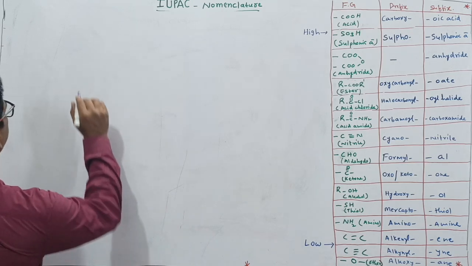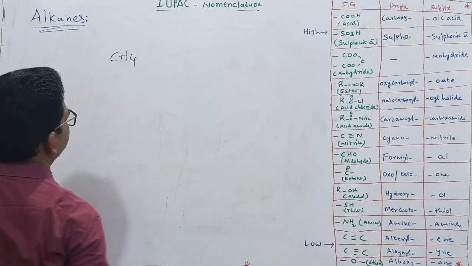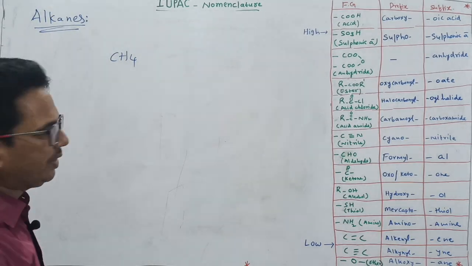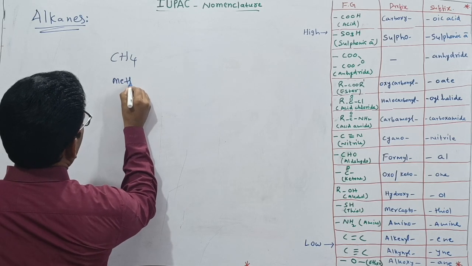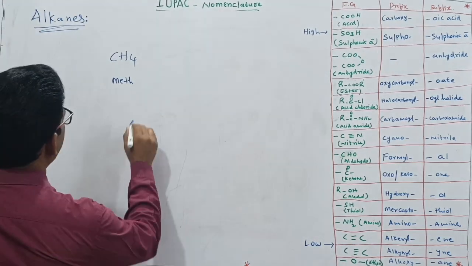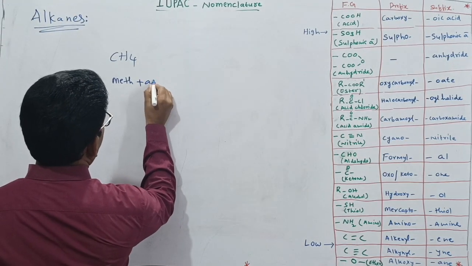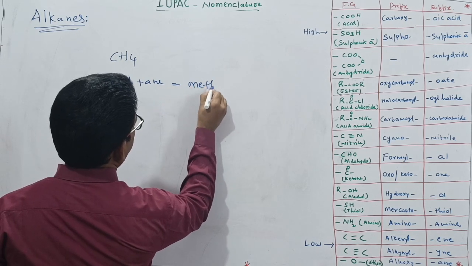For example, think of the alkane CH4. The word root for this one is meth. One carbon means we call it meth. Then we add the suffix ane, and we write it as methane.